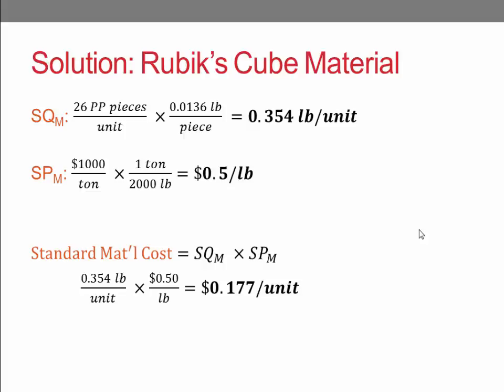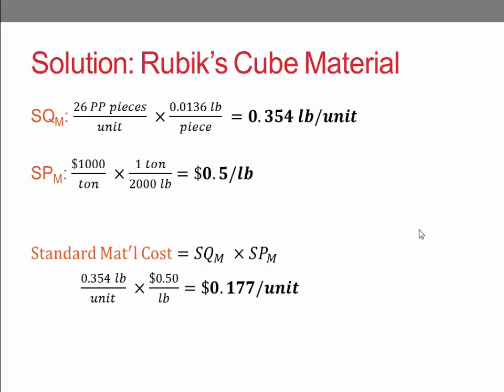For the standard price of material, if you look at the standard quantity, it's in pounds per unit. So we want the price to also be in units of pounds. We have $1,000 per ton given to us, so we can multiply it by 1 ton over 2,000 pounds, or essentially divide it by 2,000 pounds, and that gives you $0.5 per pound.